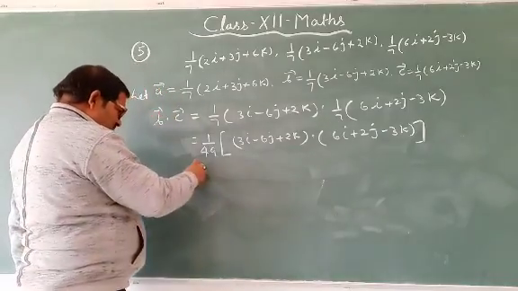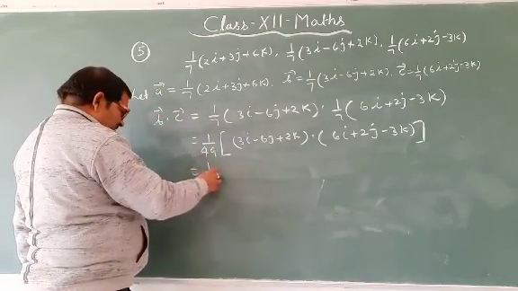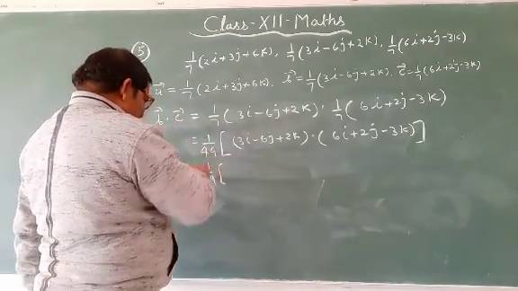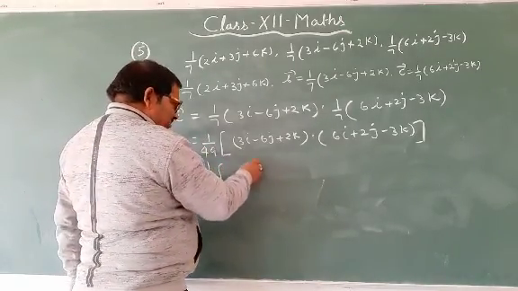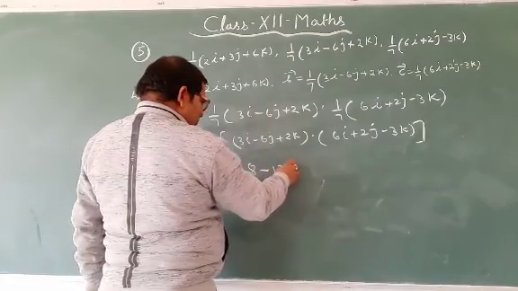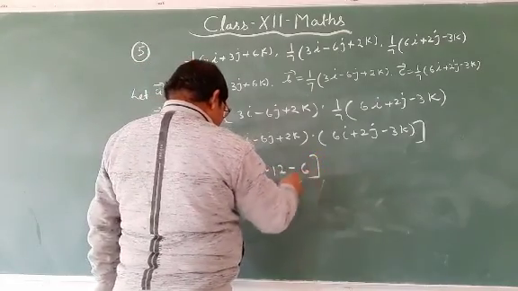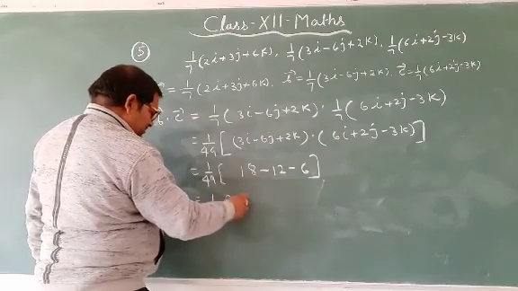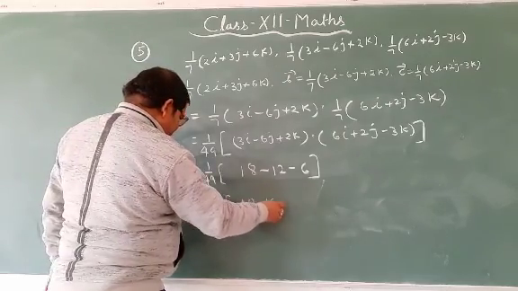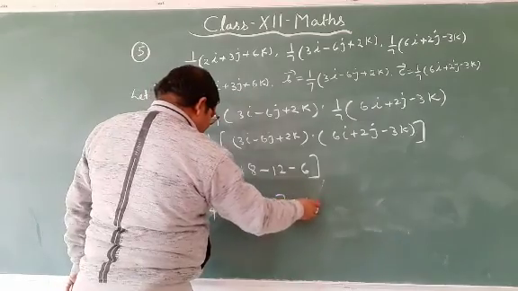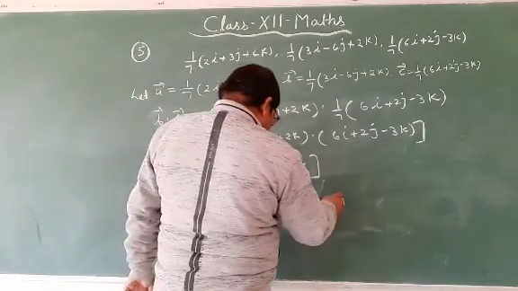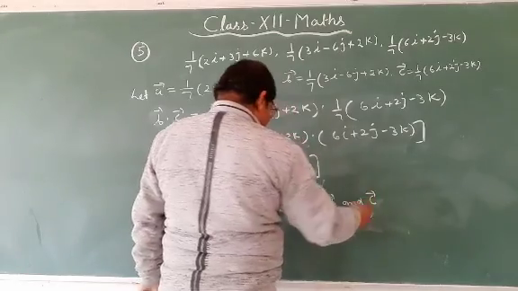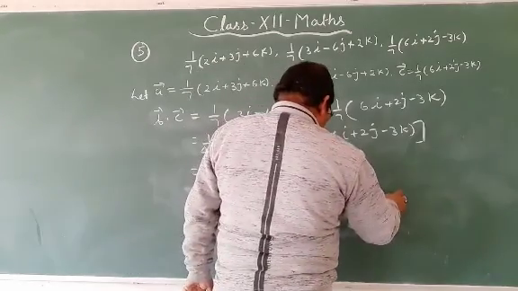Therefore 1/49 (18 - 12 - 6), that is 1/49 (18 - 18), that's equal to 0, and vector B and vector C are perpendicular.